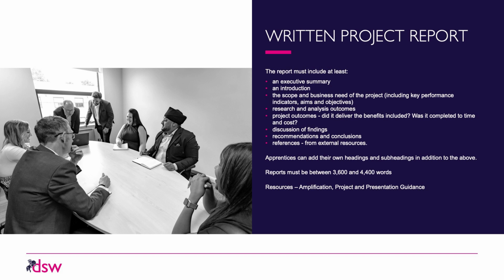These must be included within their report, but the apprentice can also add their own headings and subheadings in addition to best suit their project and the evidence they are providing. Reports must be between 3,600 and 4,400 words.